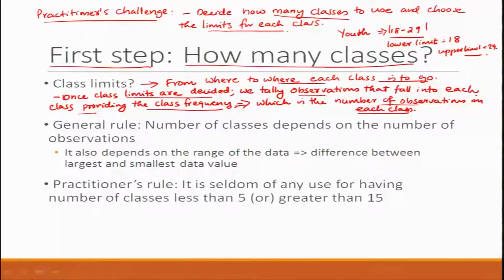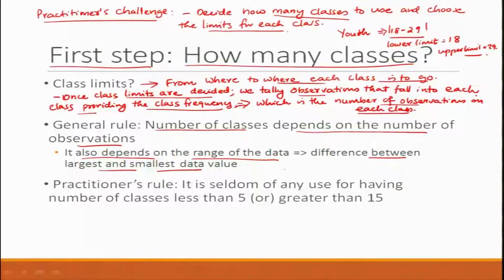So, obviously you have to make a decision. There are many rules available. The number of classes typically depends on the number of observations. That is rule number 1. And rule number 2, it also depends on the range of the data. Range of the data is the difference between the largest and the smallest value.